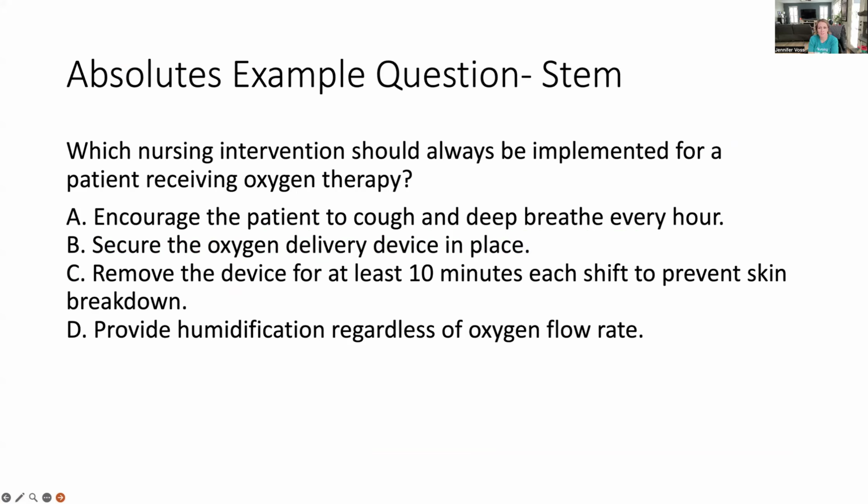Which nursing intervention should always be implemented? Encourage the patient to cough and deep breathe. Yes, I should encourage every single one of my patients who can follow instructions and all of that stuff to cough and deep breathe, right? So it's easy for me to add to this question because I can say, well, it doesn't say that the patient is intubated. Yeah, but it doesn't say that they're not intubated either, right?